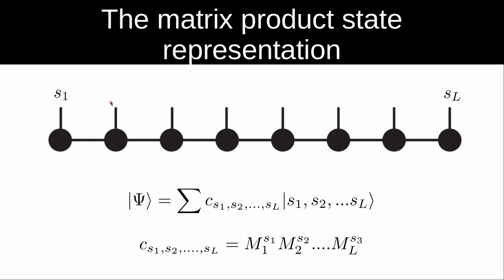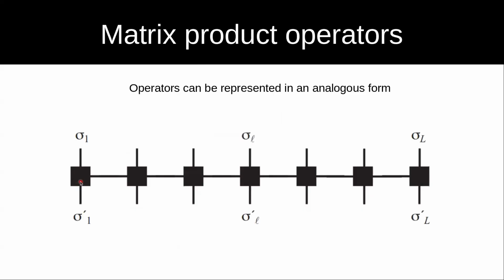So these indexes are the physical spins, or the pseudo spins if you did a Jordan-Wigner transformation for a fermionic model. And these other indexes are just internal indexes that do not necessarily have a physical meaning, but they are just part of the indexes that you need in order to make this product. Those were the wave functions. Those were the matrix product states.